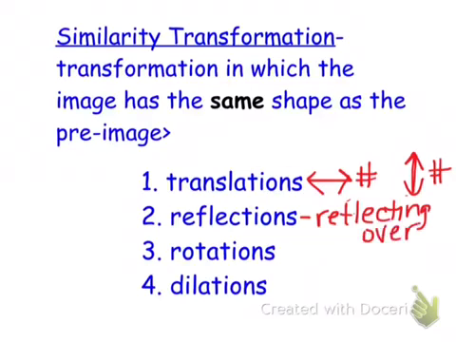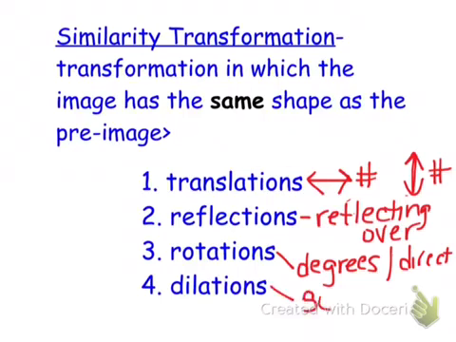If you're going to talk about a rotation, you need to tell the degrees and the direction, if it's clockwise or counterclockwise. And if it's a dilation, you want to talk about the scale factor. All of those need to be included in your descriptions of the similarity transformation.